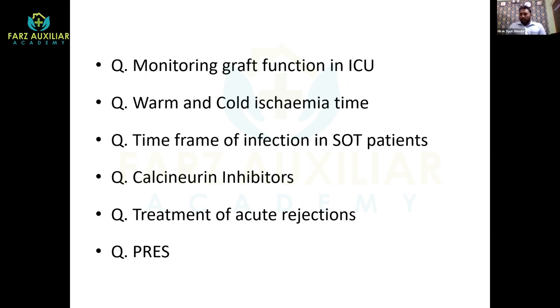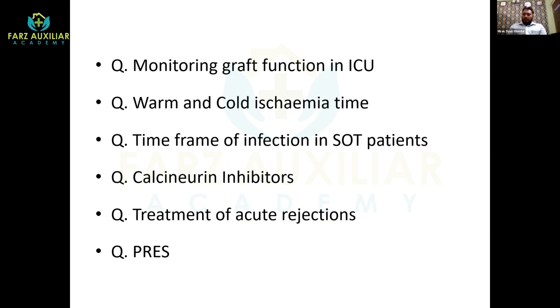Excellent question actually, because some patients who are not previously hypertensive can develop hypertension post transplant, usually renal transplant or liver transplant. In this patient, we have to monitor the trough level of tacrolimus.